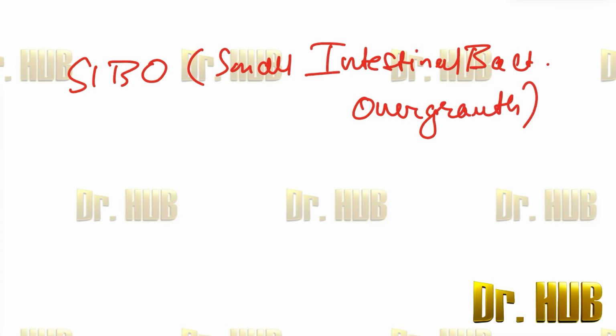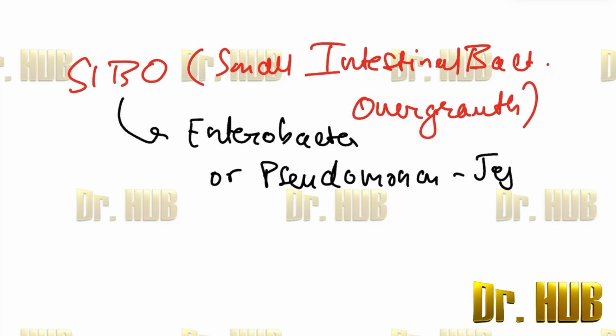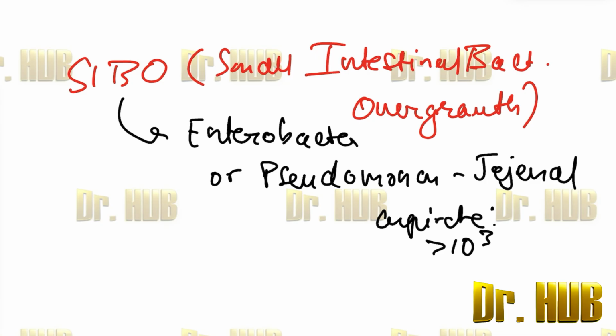SIBO is due to Enterobacter or Pseudomonas, and the jejunal aspirate here is going to be 10 to the power 3 CFU.